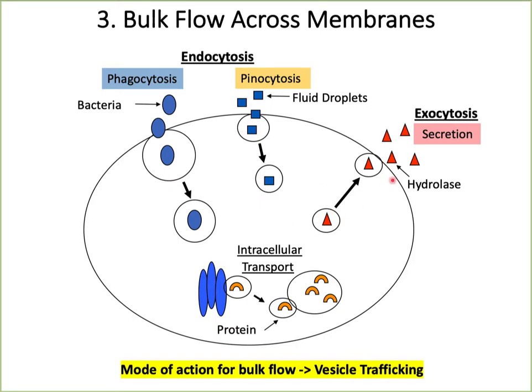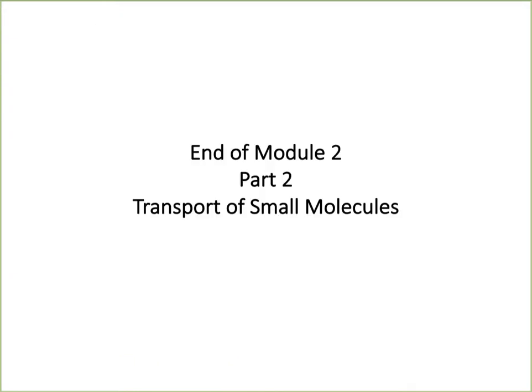It is true for the secretion, where the vesicles form inside the cell and fuse with the plasma membrane. And it is true for intracellular transport, where the membrane of one organelle fuses with the membrane of another organelle. So in the next module of this course, we will be focusing on these vesicle trafficking pathways. This concludes part 2 of module 2 and also concludes module 2.